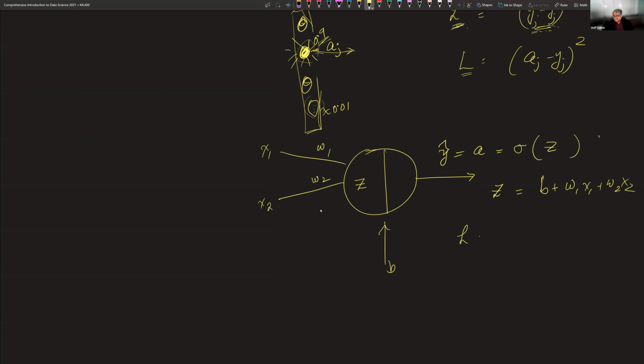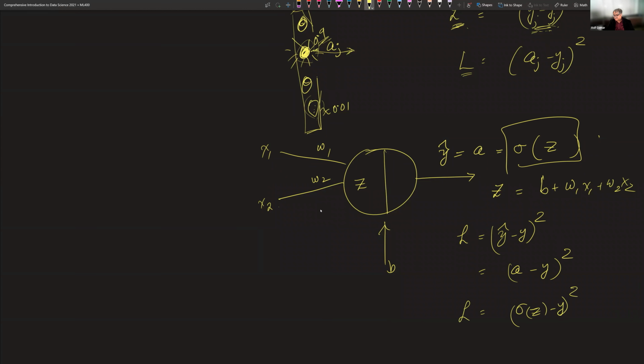And your loss is equal to Y hat minus Y squared, which is the same as activation minus Y, with Y being the reality, squared, which is the same as sigma(Z) minus Y squared.